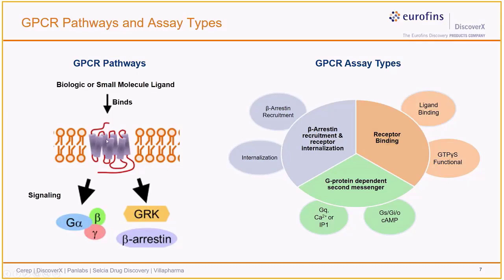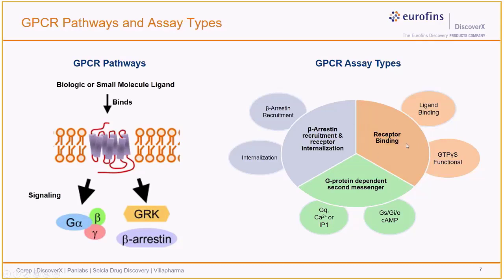So you can look at binding, or you can look at functional assays, the signaling, either signaling through the G protein dependent pathway, or through the beta-arrestin recruitment pathway, or even other methodologies such as internalization and translocation, trafficking, etc.